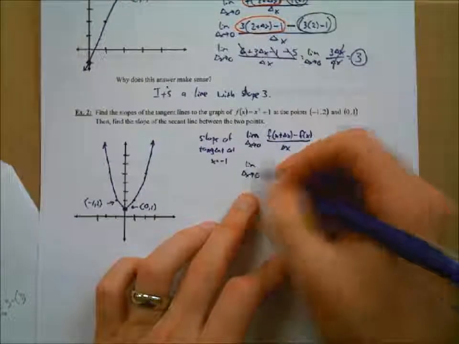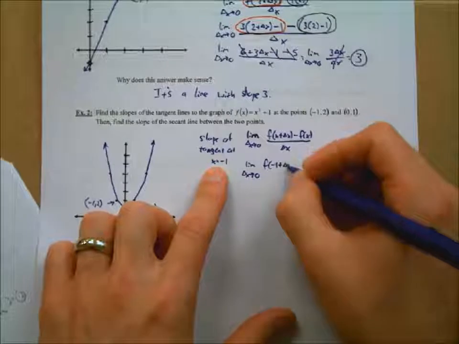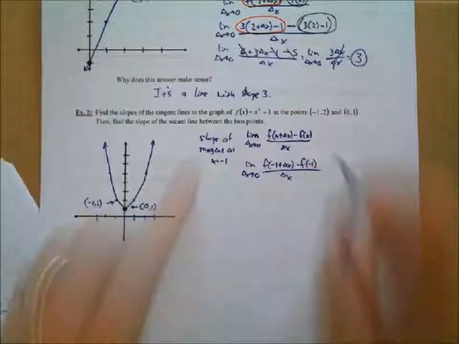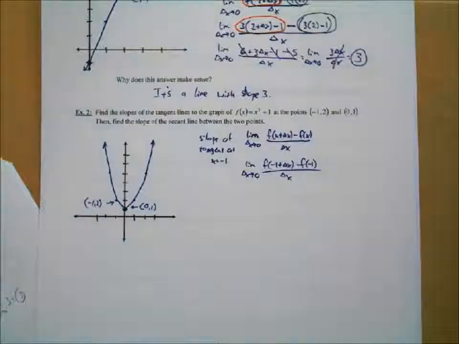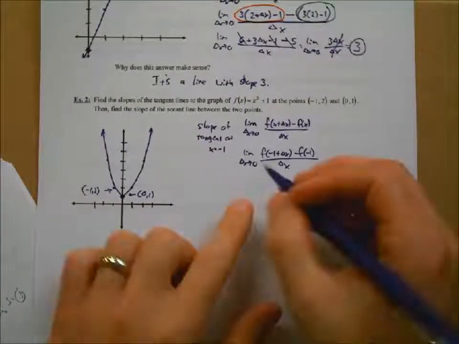So we'll plug in -1 for our x's. Plug in that -1, and then we'll simplify.